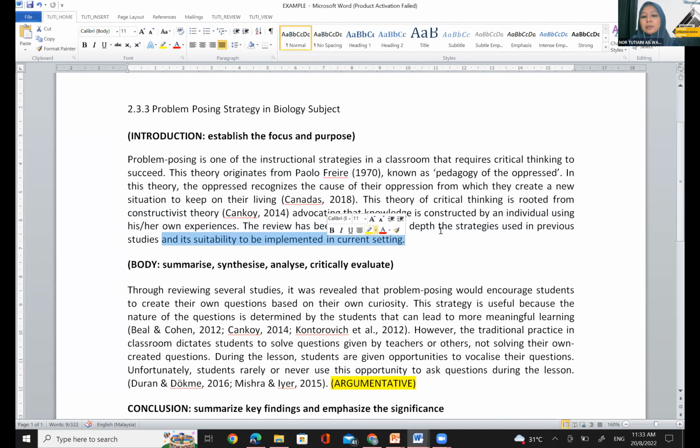So sekarang kita dah establish kita punya fokus. Fokus kita untuk this particular structure ataupun themes adalah nak look in depth the strategies used in previous study. So our body akan cerita pasal the strategy lah, sebab kita punya topik adalah problem posing strategy.